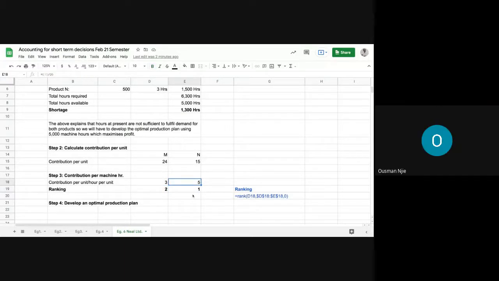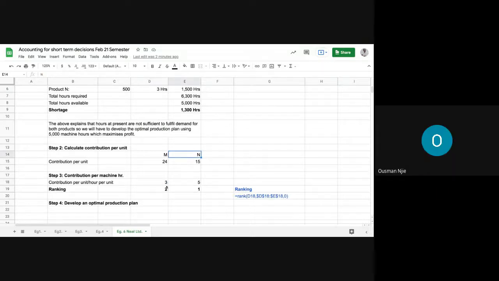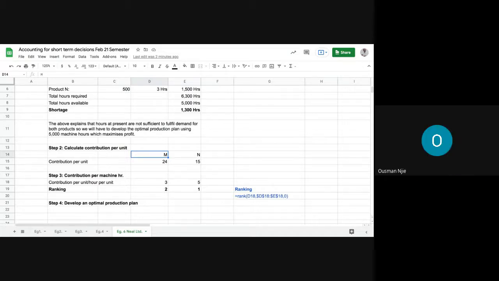That is more profitable than the product M. So we have to exhaust our product N first. Then the remaining amount from the 5,000 that we have to use in the product M. Yeah, exactly. That's what we're coming to do now. That's the development of optimal production plan.